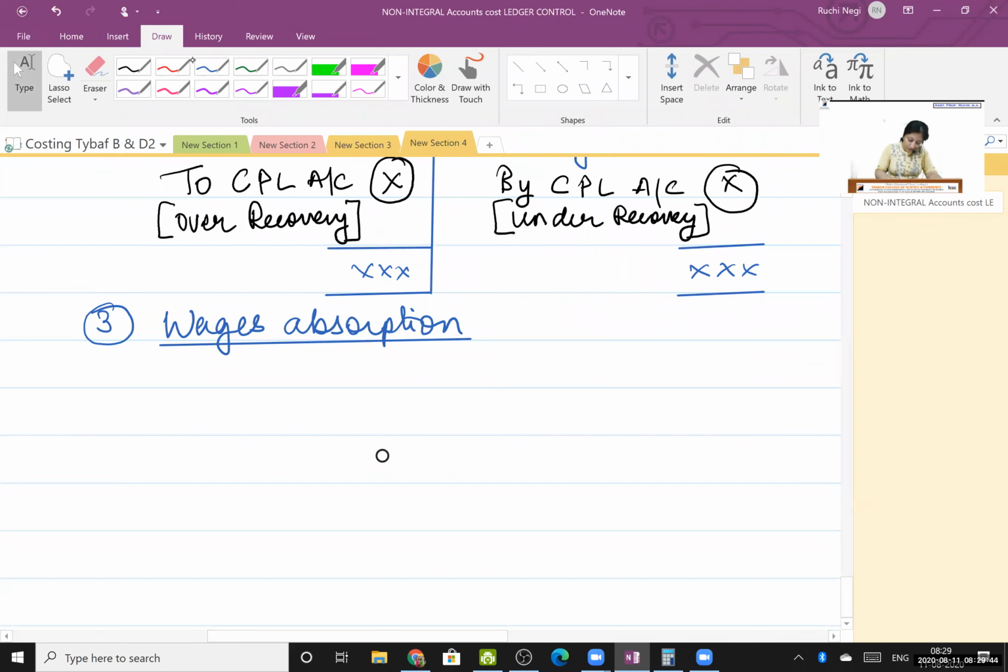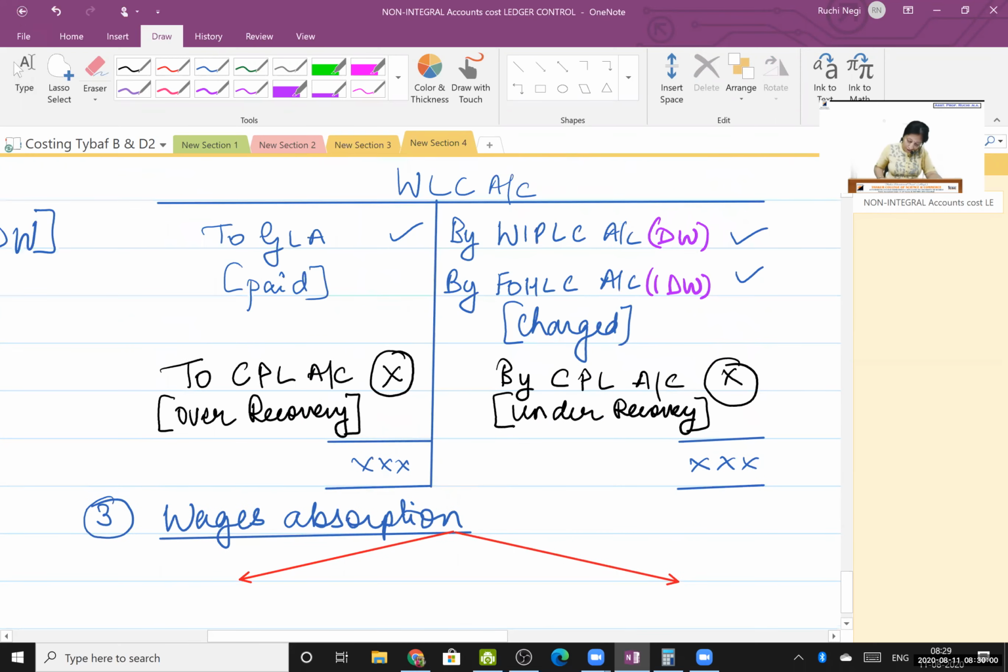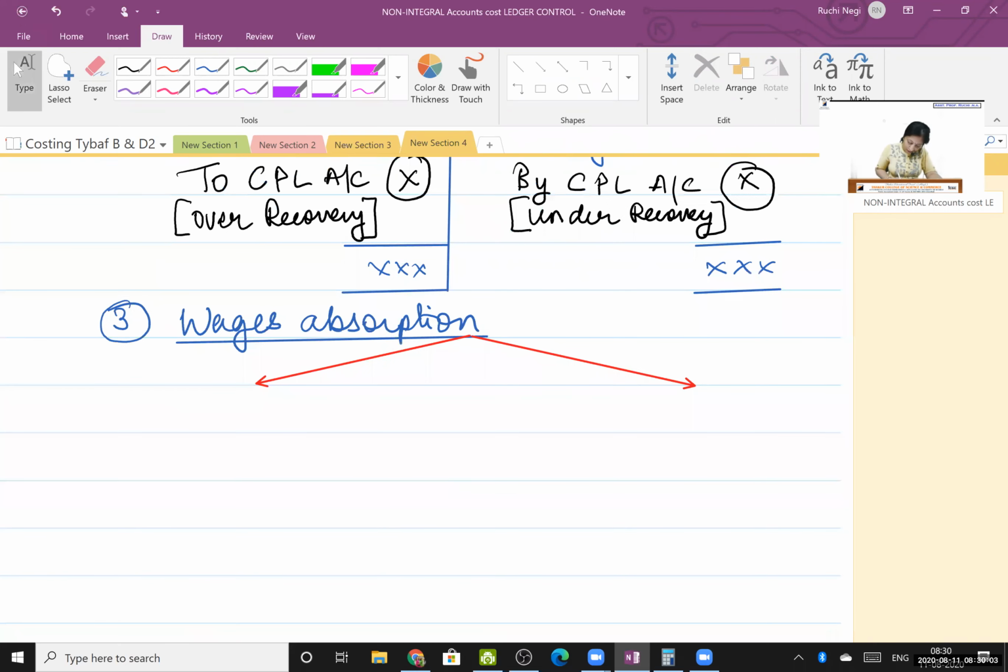And you can bifurcate it like this. Okay, and then show it. What is the formula for under recovery? Wage control to CPL. So right here, wage ledger control account debit to CPL.